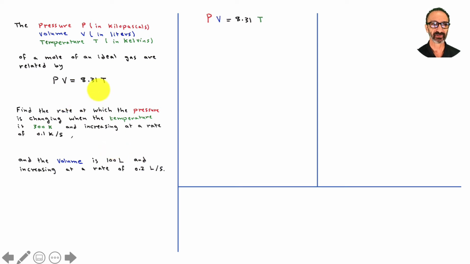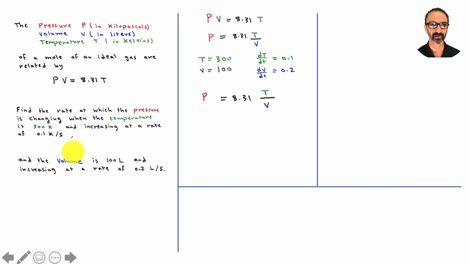To get started, I have the problem here. PV, or the formula, equals 8.31 T. Let's write it as P by itself. P equals 8.31 T over V. Find the derivatives. Those are the given information from here.